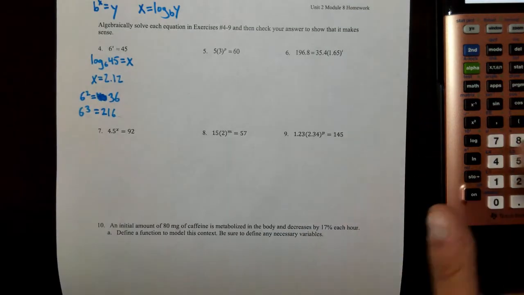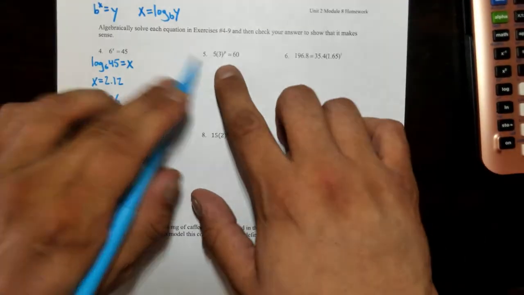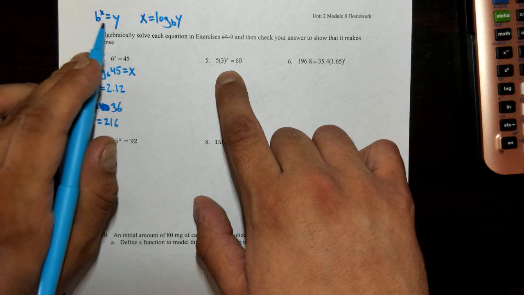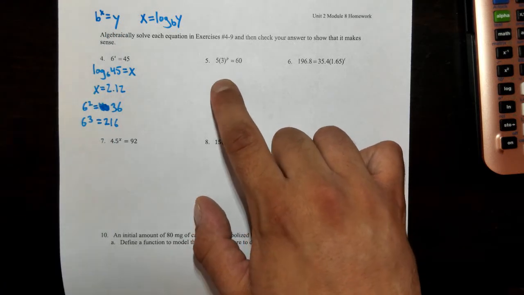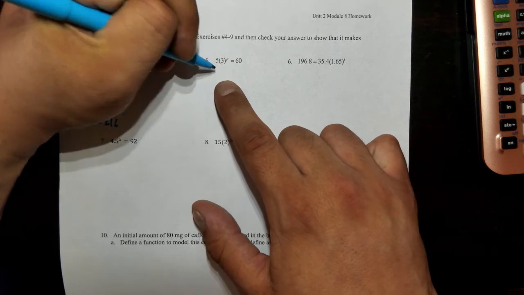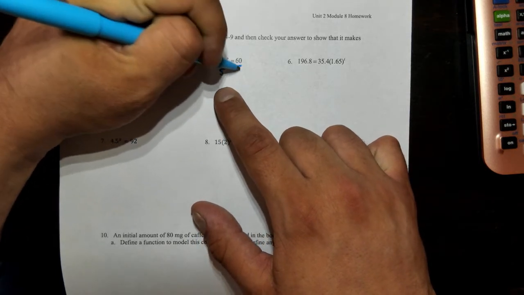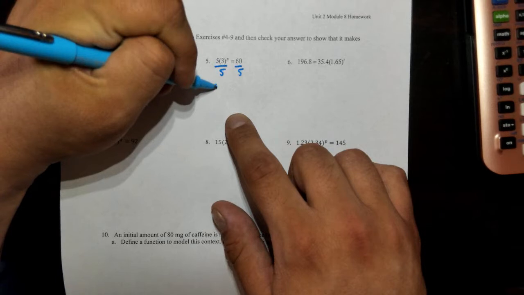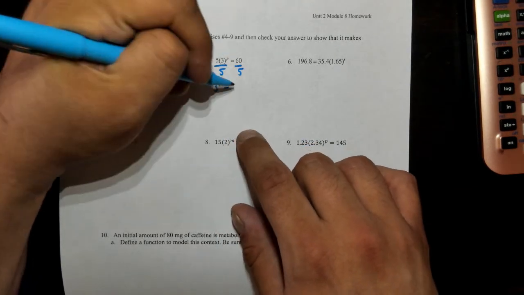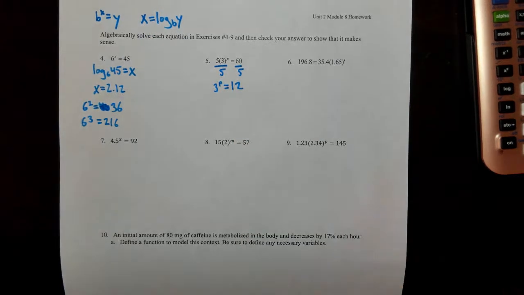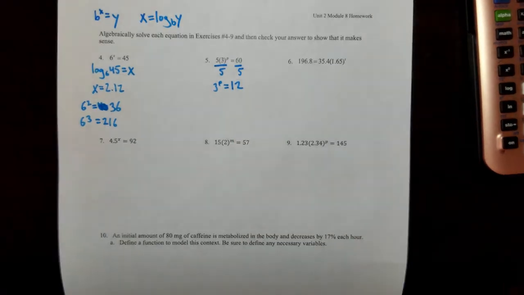All right, going on to number 5 here. So we don't have it quite in this form just yet that I have here in the top left. We need to first divide both sides by 5 because we need that base by itself. So we're going to have 3 to the p is equal to 12. And then now we can put it into log form.